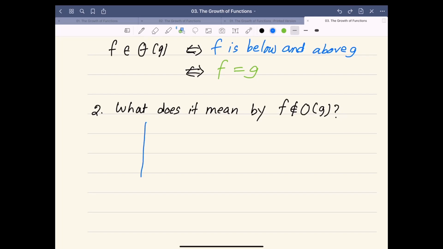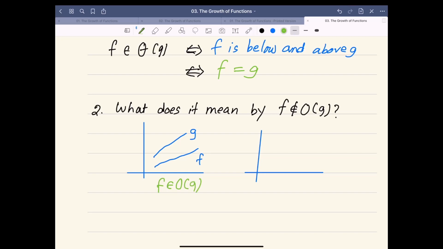Suppose we have a graph where f is below g. Here we say that f belongs to big O of g. Now, when we say that f does not belong to big O of g, what does it mean? It means that f is not below g, so it should be above g. So we will have the following drawing.